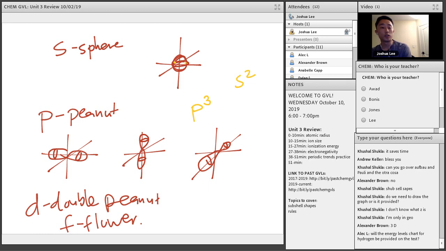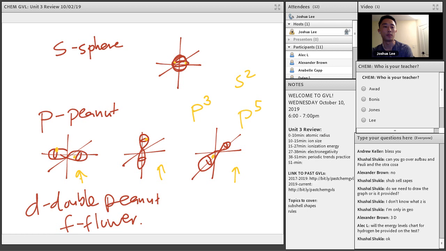If I told you to draw P3 electrons, remember each electron wants their own orbital, meaning you would have to draw all three of these and then draw one electron here, and one electron there. With a P5, then you would start to double up, one right here and one right there. So that's essentially what you do.